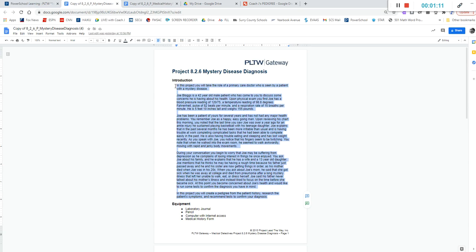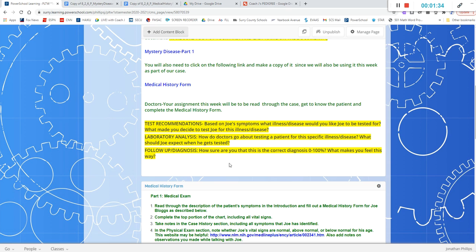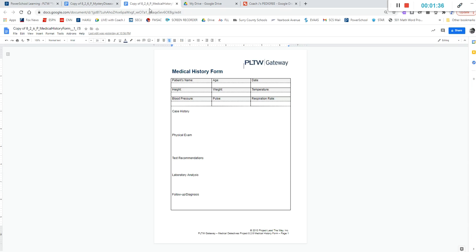Would you like to test him for scoliosis? Would you like to test him for multiple sclerosis? What would you like to test him for based on his symptoms? So you can go to Google or WebMD.com and type in the symptoms there that Joe's experiencing and see what you come up with, okay?